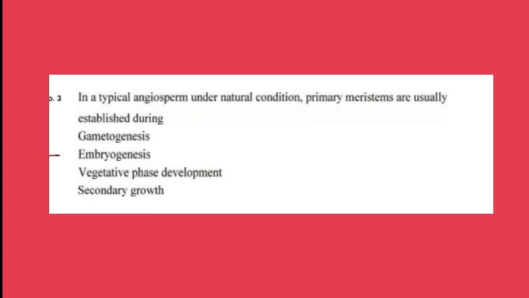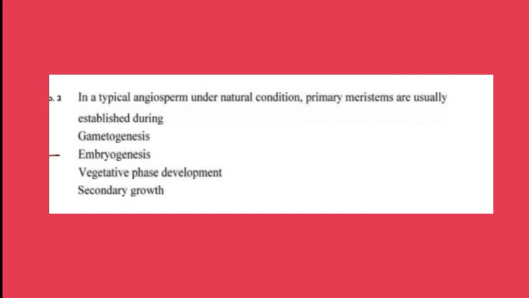A primary meristem is a form of meristematic tissue that controls the growth of the plant in terms of length, and this is controlled by the root apical meristem or shoot apical meristem. The secondary meristem is responsible for the increase in stem girth and thickness. The secondary growth is controlled by two lateral meristems called fascicular cambium and cork cambium.